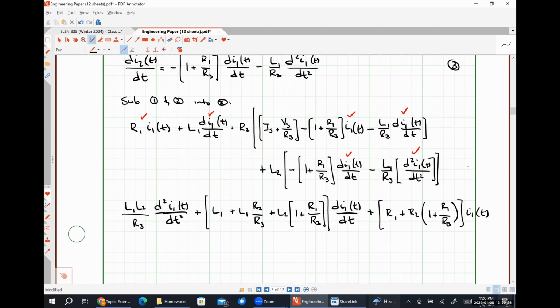And all of this is equal to R2 times IS plus VS over R3.